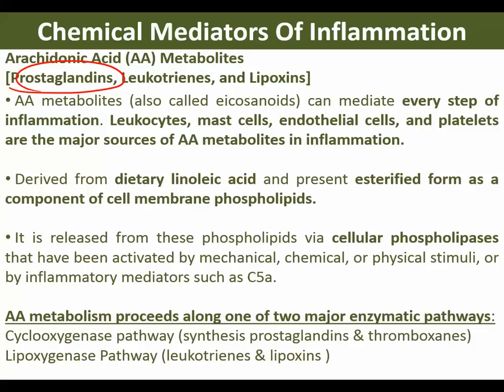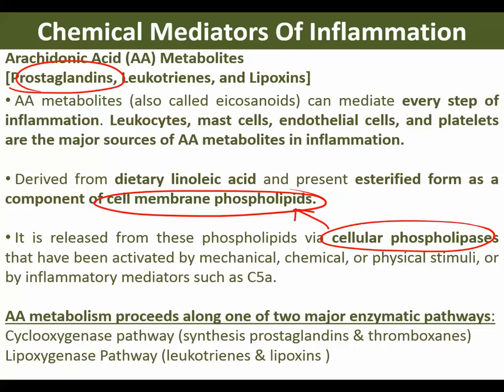You all know that in inflammation the enzyme which gets activated is cellular phospholipase. Once this enzyme gets activated or increased, it goes to the phospholipid in the cell membrane and breaks the phospholipid. Understand?